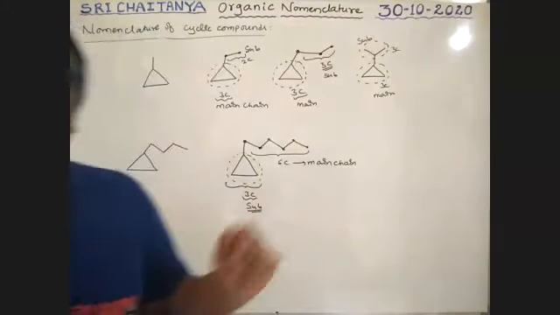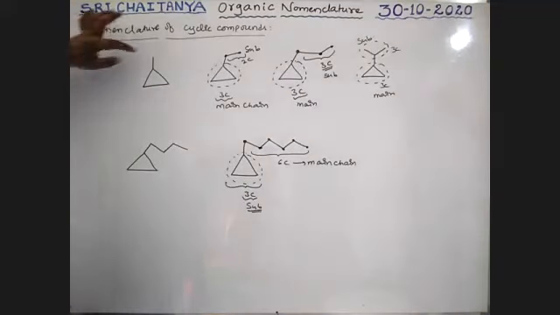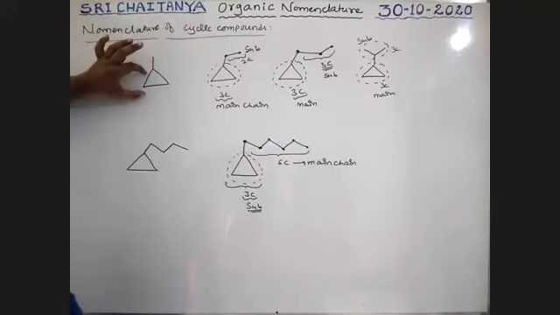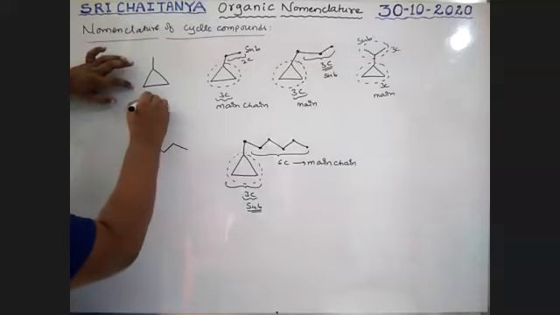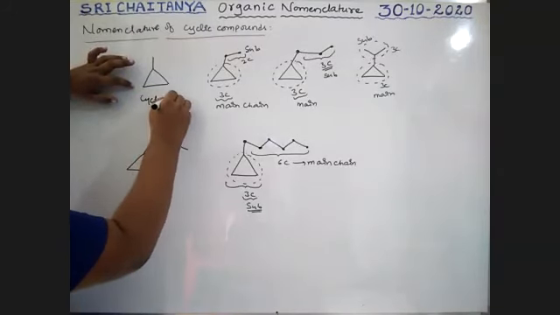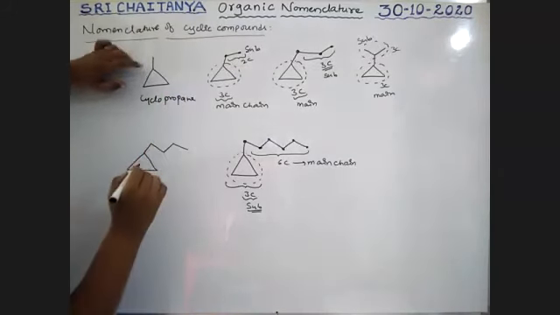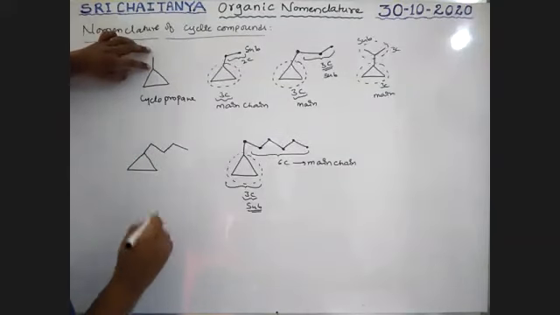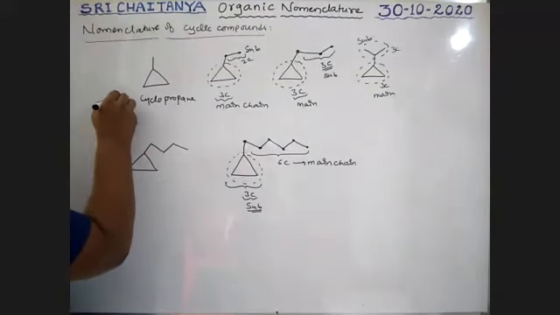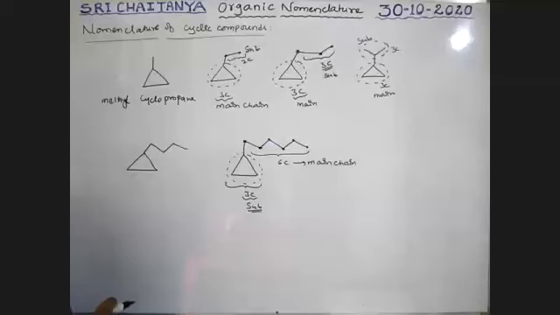Now, what is the naming of this compound? See here, it is 1 carbon and 3 carbons. Therefore, it is a cyclopropane, with a methyl group attached at position one. Therefore, methyl cyclopropane is the name of this compound. Now, what about this?